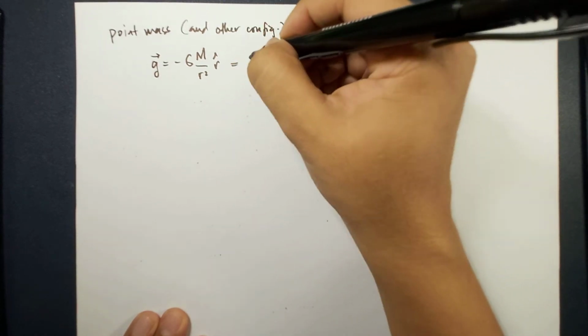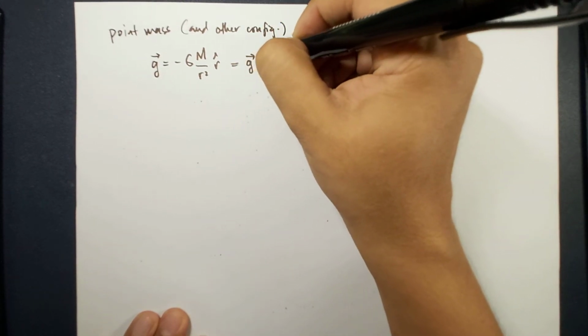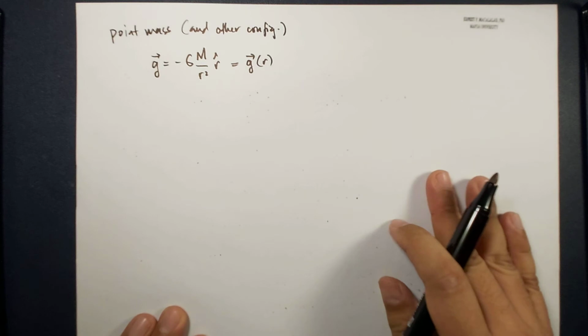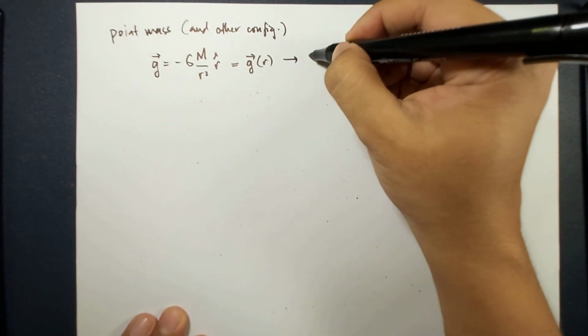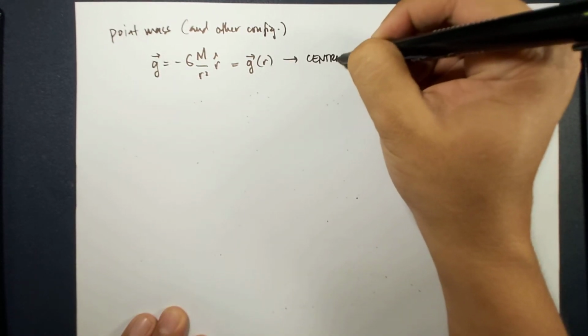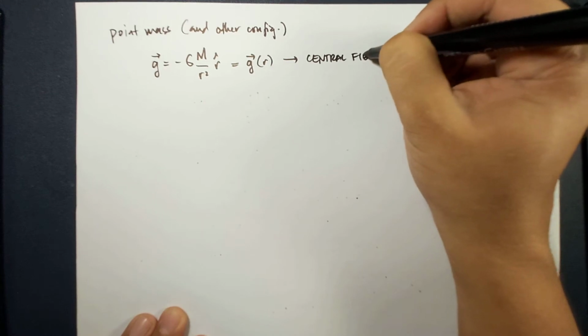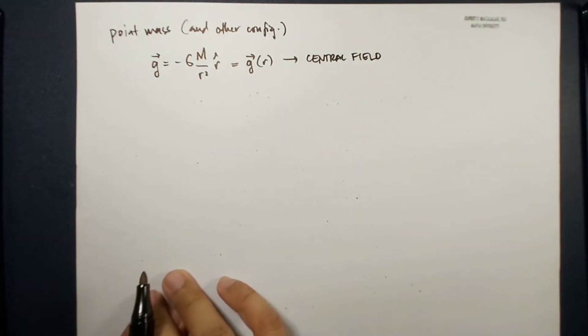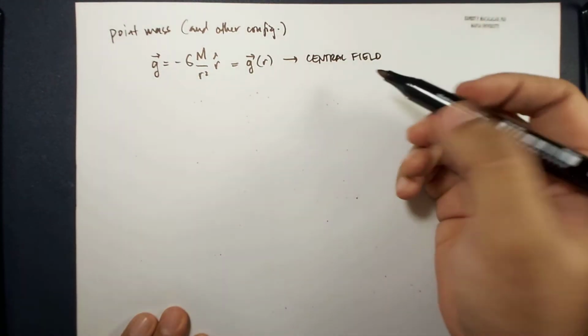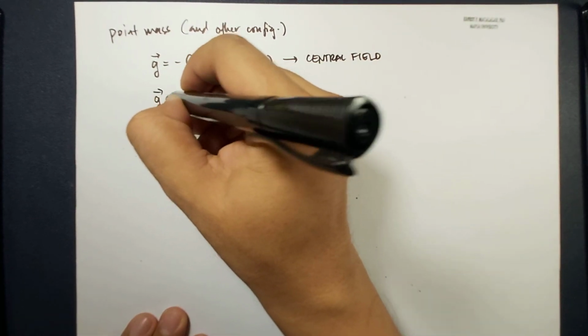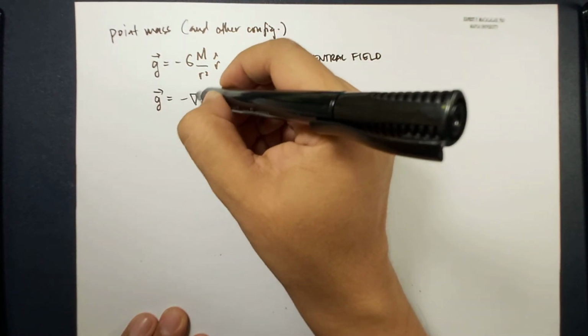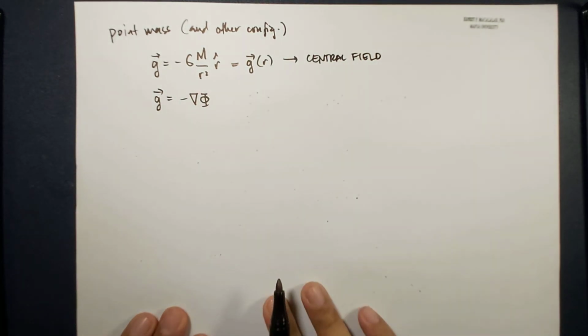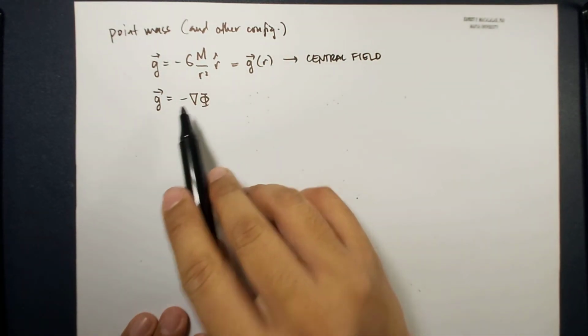As you will notice, G is a function of r. What do we mean by this? G is a central field, as previously discussed. And we know that G is the negative gradient of phi.